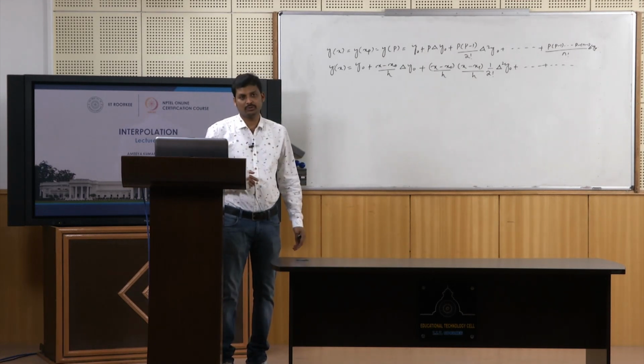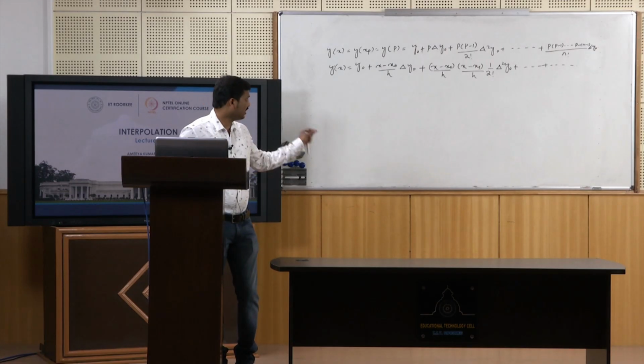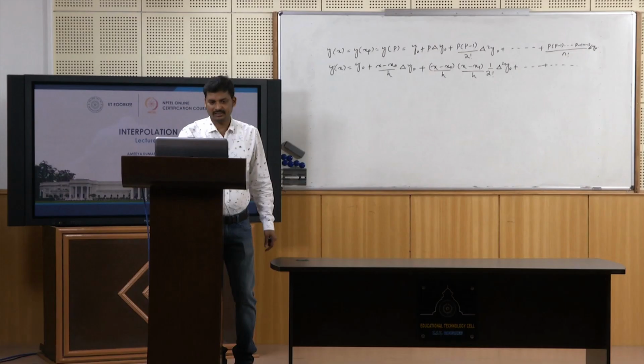If you see in the slides here, y of x is expressed in the form of y0 plus x minus x0 del of y0 by h plus x minus x0 x minus x1 del square y0 by 2 factorial h square, and the last term is expressed in the form of x minus x0 x minus x1 up to x minus xn into del to the power n of y0 by n factorial h to the power n here.